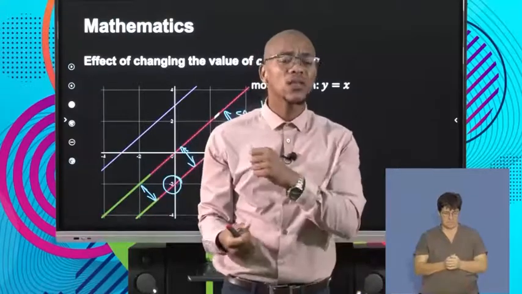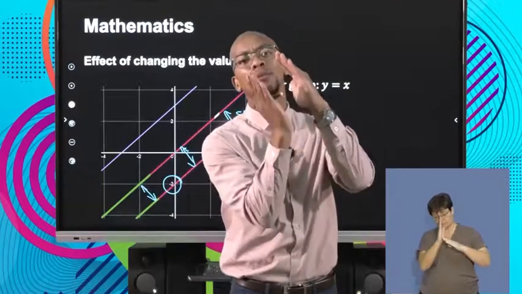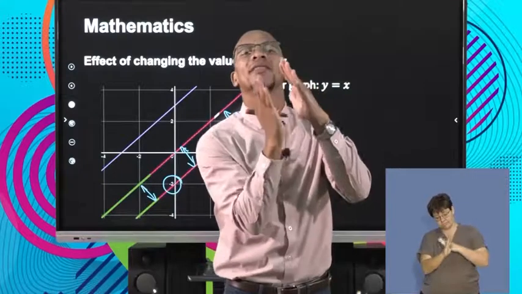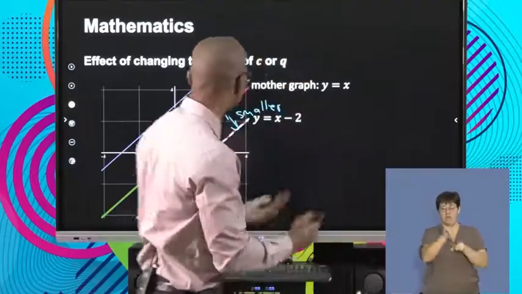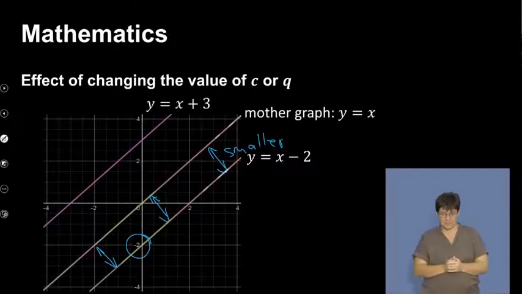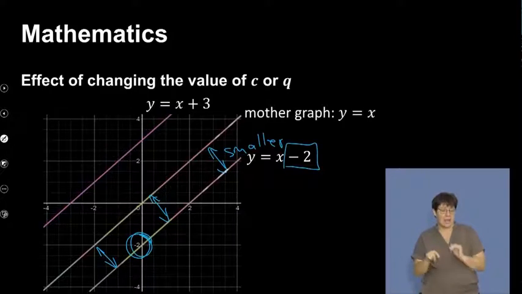So even with this, when you are moving it up or down, it must always still remain parallel to the mother graph, which is y equals x. Now, the second one will be when I move it upwards, which is y equals x plus 3. So you can see, with this one, we said it crosses at minus 2 because the y-intercept is minus 2 there.